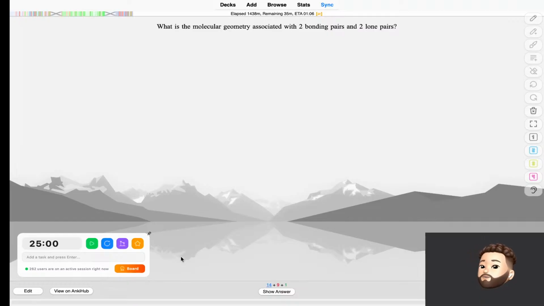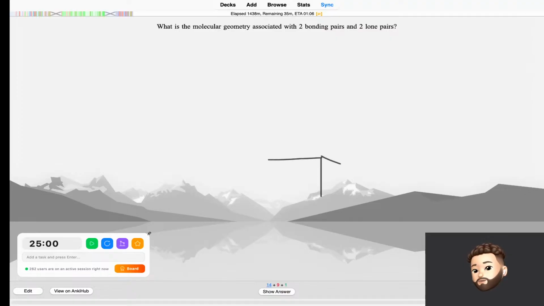The geometry associated with two bonding pairs and two lone pairs. So imagine if these all had been bonding pairs, we would have had something like this, right? But they're not.